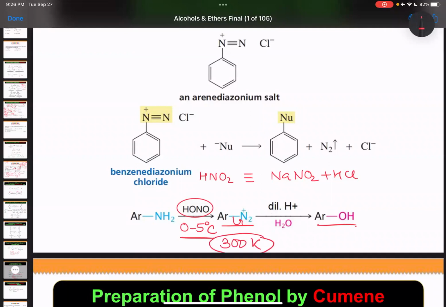Just in NEET, one month back. Just because of this, the whole statement became wrong. Otherwise, everything was correct.